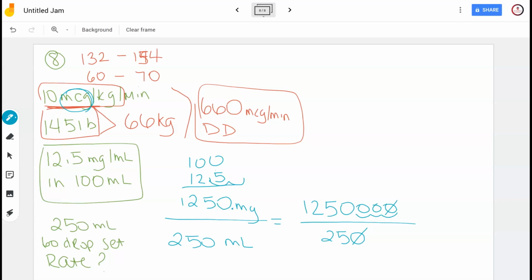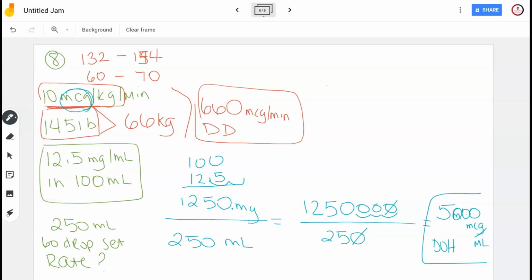Now you're going to divide 125,000 by 25. Spoiler alert, comes out to 5, or 5,000, sorry. Micrograms. So this is your dose on hand.